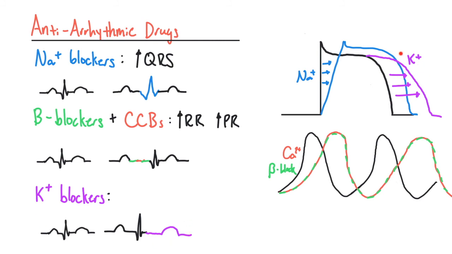As we see, these potassium channel blockers are going to prolong repolarization, thus prolonging this QT interval. These are very important as these are easily recognizable changes in the EKG, and I especially want everybody to pay attention to this QTc interval for the next lecture.